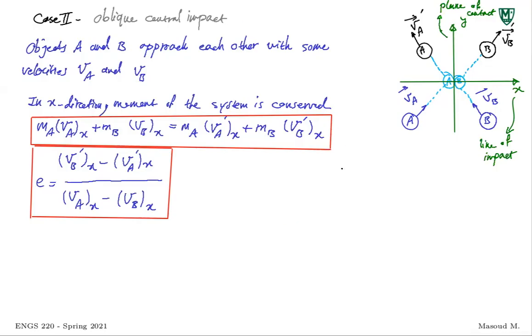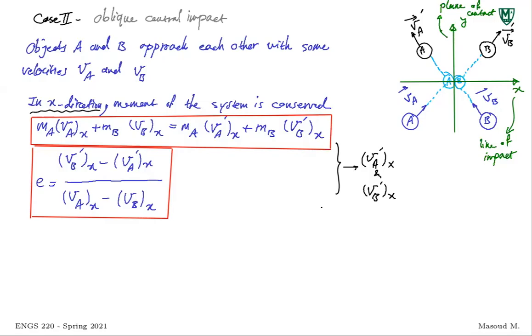So from these two, you can actually find VA prime X and VB prime X. Two equations, two unknowns. No vectors. So this is in X direction, or along the line of impact.